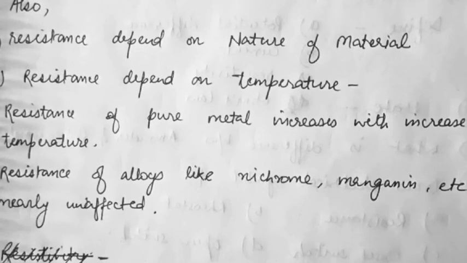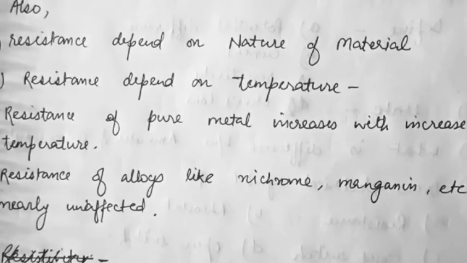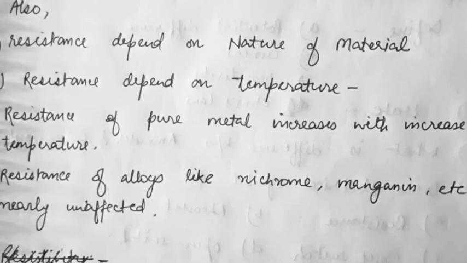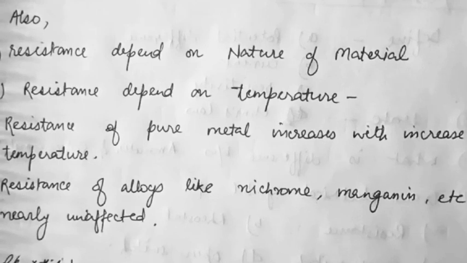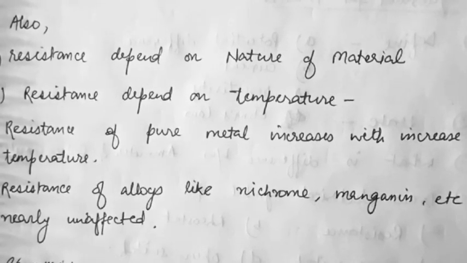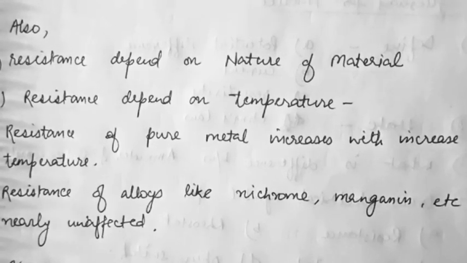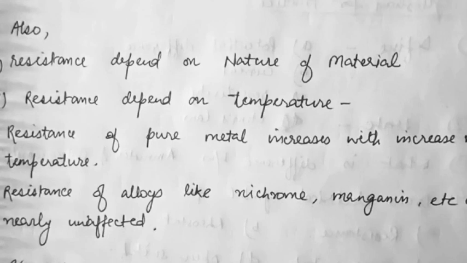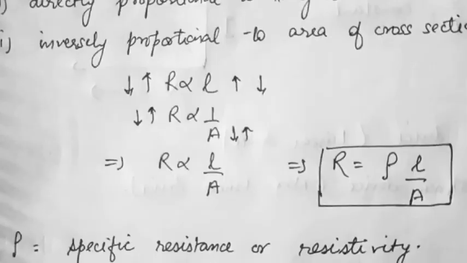And in some alloys like nichrome and manganese, there is no effect of temperature. But since most metals behave this way, with increase in temperature the resistance is increasing. So we always talk about a constant physical condition, and at that condition V is directly proportional to I, or you can say that Ohm's law is followed.